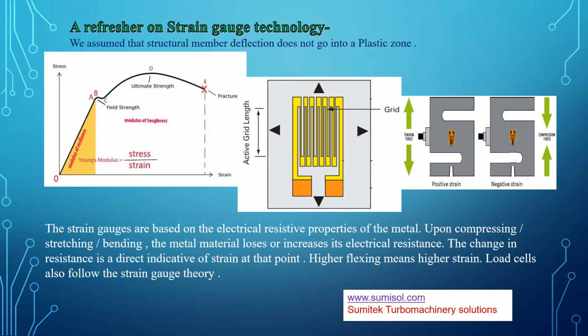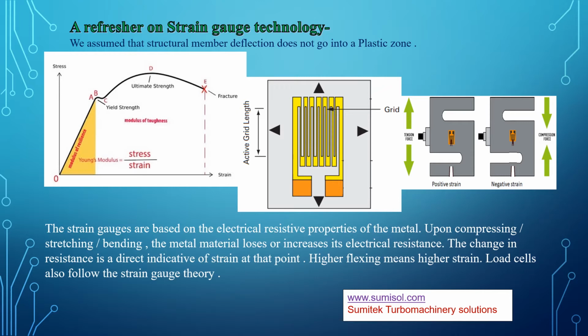That is, when the deflections occur, they are considered to be reversible. So when the loads are removed, the structural elements get back to their original position, that is, they remain within their elastic limits, and there is no irreversible or permanent damage. So that is, they don't go into the plastic zone.